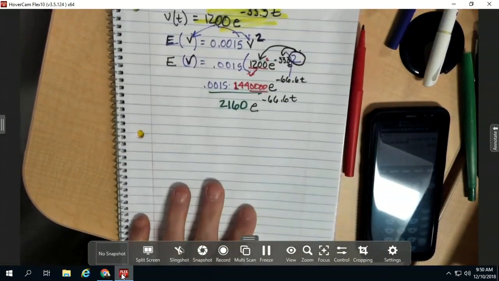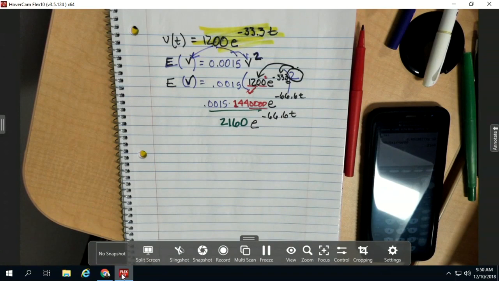So if voltage is going to decrease with time, energy is going to also decrease with time, but the amount of energy is going to decrease the square times as fast, right? Okay? Now, why does that happen?